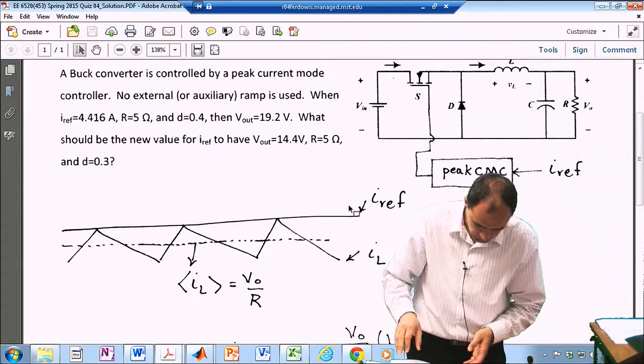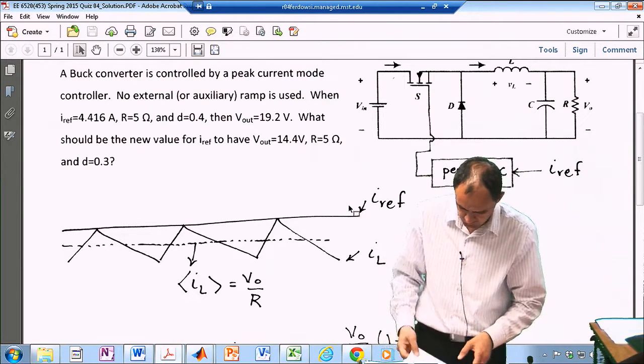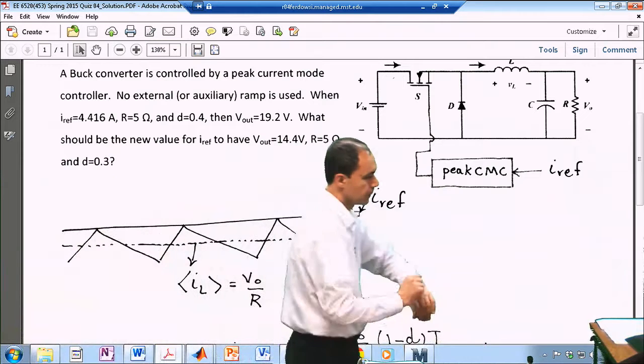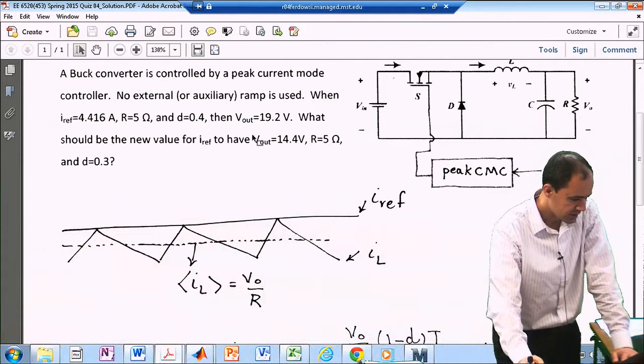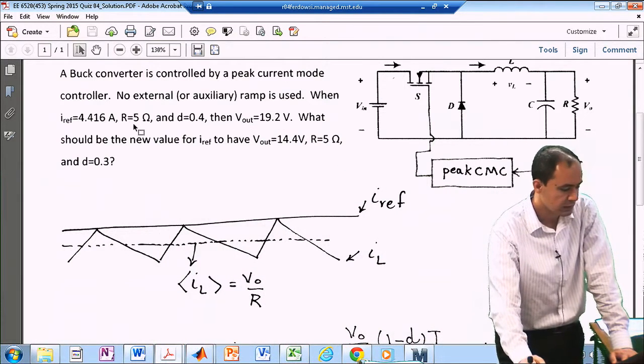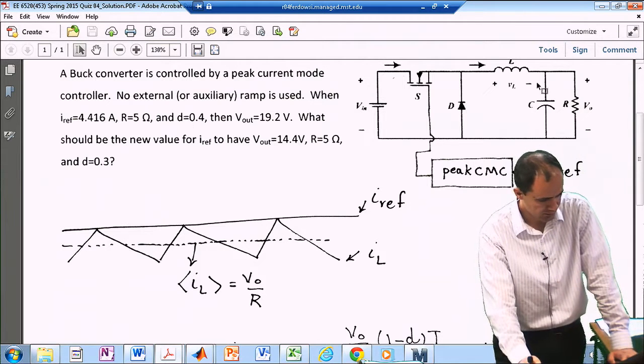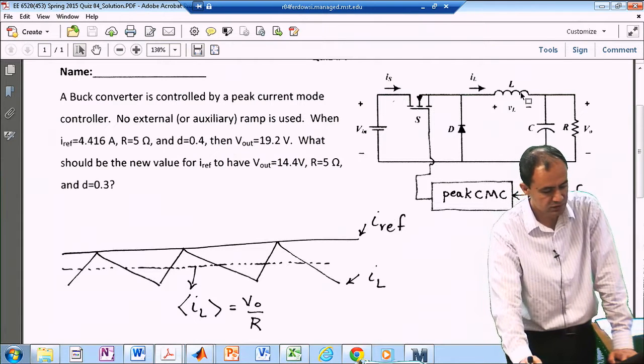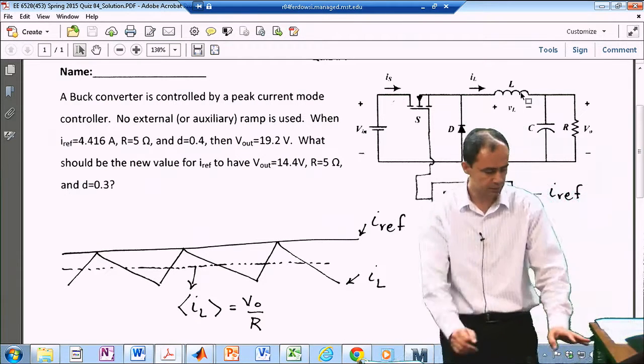Before we get there, let me return it to you guys. So as you can see, output voltage is given and the load resistance is given. And remember, in the buck topology, the output voltage divided by the resistance would be the average value of the inductor current, right?